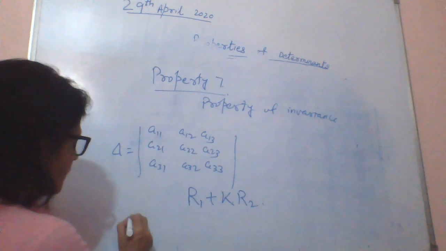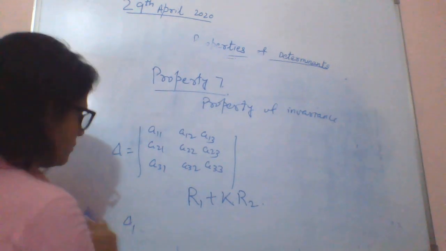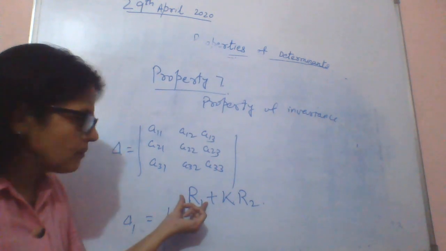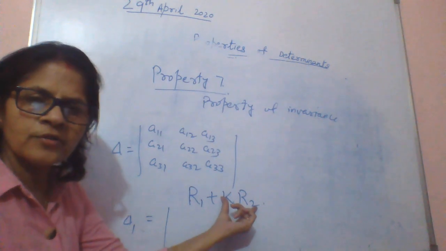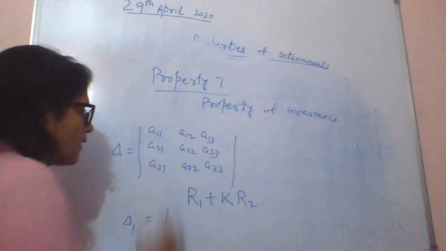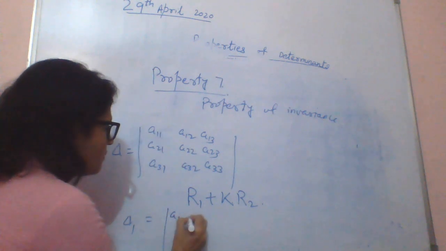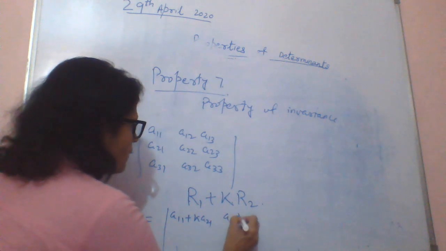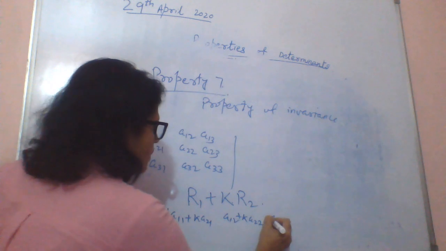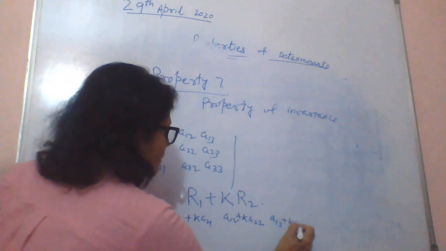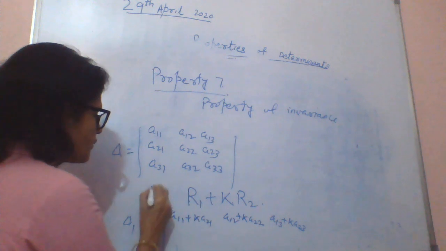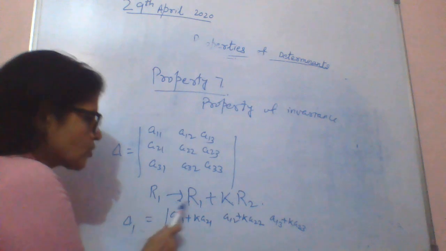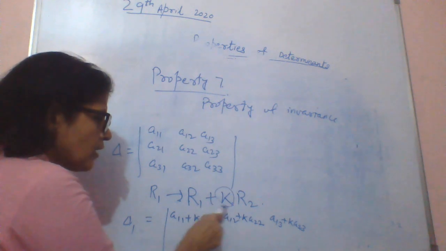Let delta 1 be the new determinant: a11 plus k a21, a12 plus k a22, a13 plus k a23. So I changed R1, that is, R1 is replaced by R1 plus k times R2.